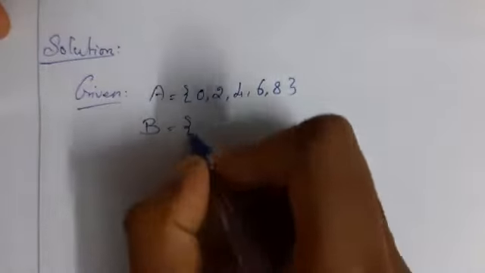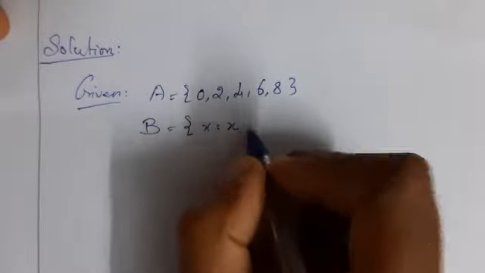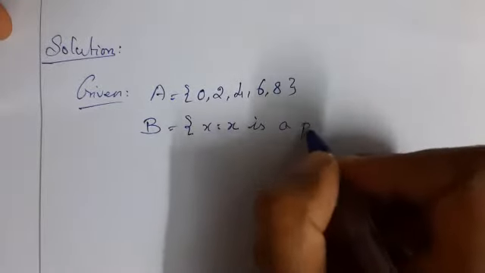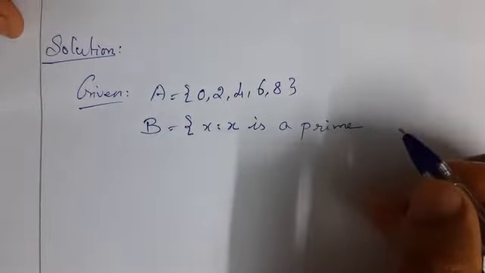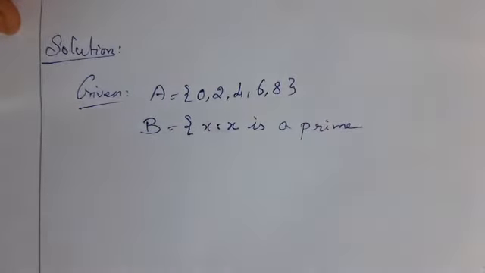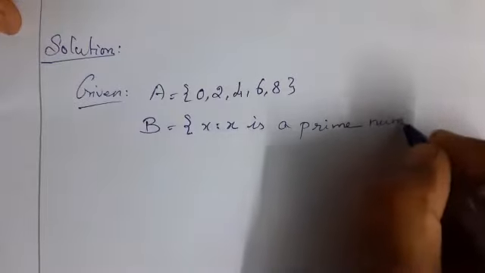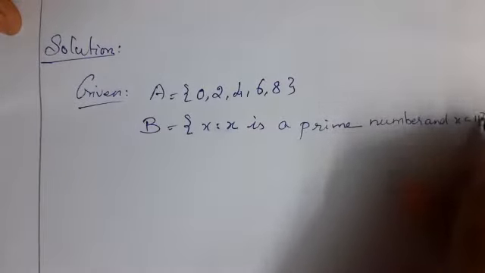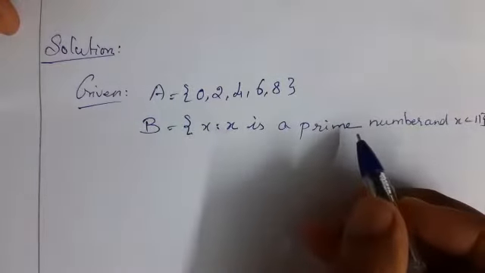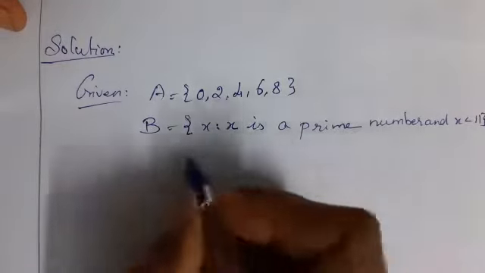Capital B is given in the descriptive form. You must change it into roster form. Capital B is equal to x such that x is a prime number and x less than 11. What is the meaning of a prime number? A number divisible by 1 and itself.